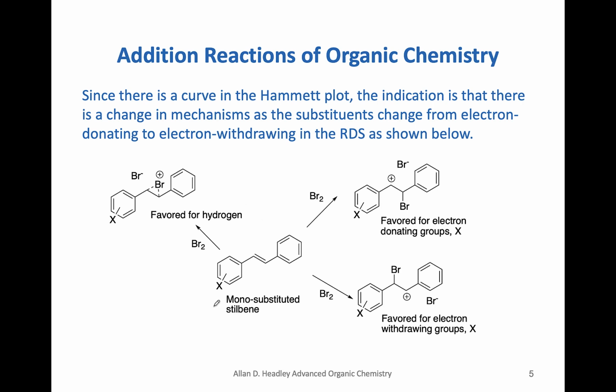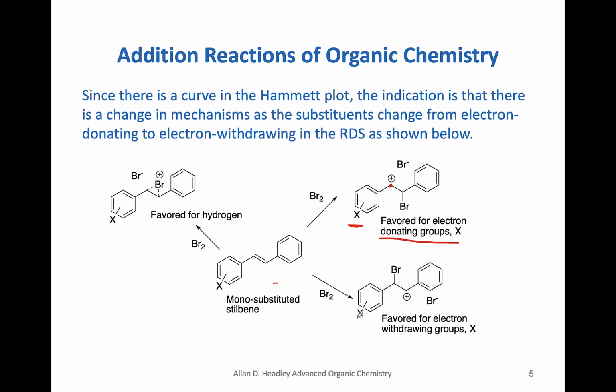So what happens here? Here's our monosubstituted stilbene. Add bromine, we can get this, or we can get this, or we can get this. If we got this one, this is favored by electron donating groups. So the OCH3 would favor the stabilization of that carbocation because that carbocation is adjacent to the OCH3.